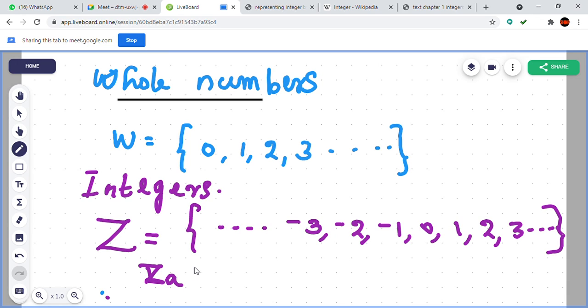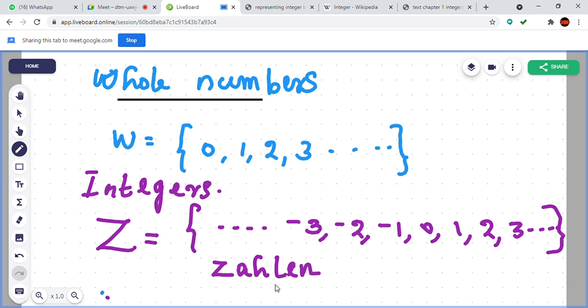Z means Z-A-H. One minute. Is that Z or I? Z equal to, or I equal to? Z you can write. Okay. Then you write Z. The spelling is Z-A-H-L-E-N.